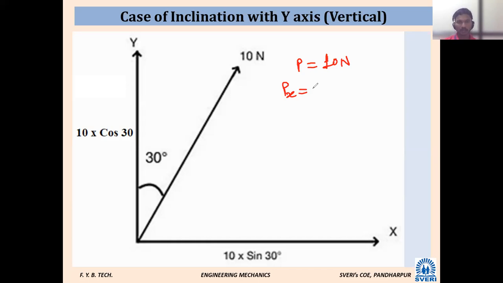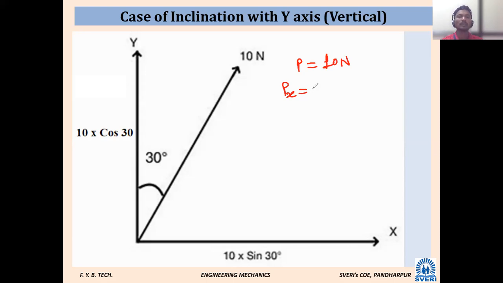First quadrant. Why? Because the line of action of this force is going towards positive x-axis and positive y-axis. Next question: with which axis is the inclination of this force given? Positive y-axis. Very good, more precise.